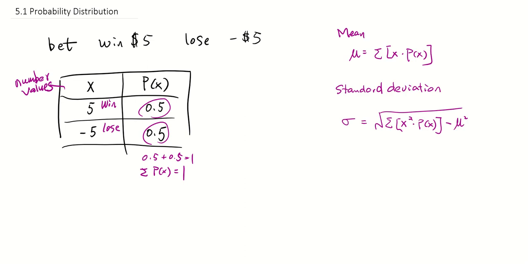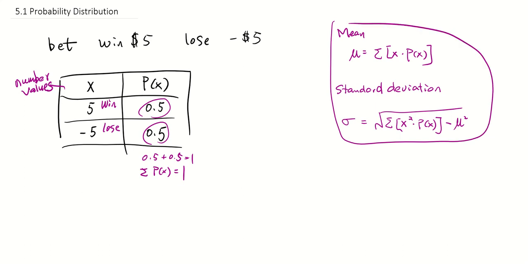Next, we'll talk about how to find the mean and standard deviation of a probability distribution. So here are the formulas for mean and standard deviation. Let's start with the mean. The mean is equal to the sum of all the X times the corresponding P of X. So what we need to do is multiply each X with its P of X. In our case, it will be 5 times 0.5, which is 2.5.